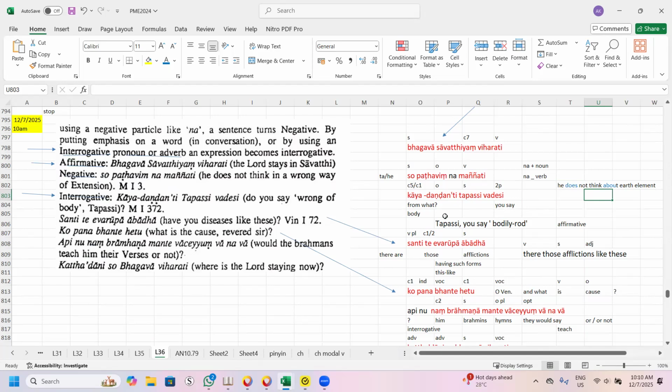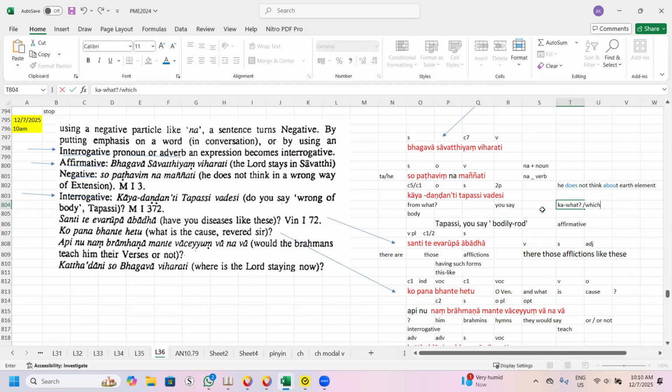So open quote. If you look at here, I think there is a problem, because you may think that this is the word ka, what. So what is interrogative?